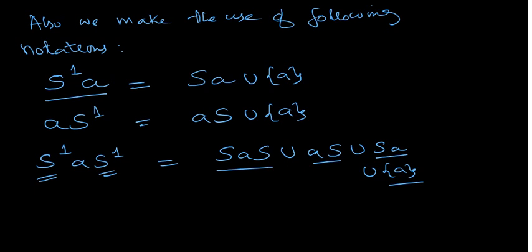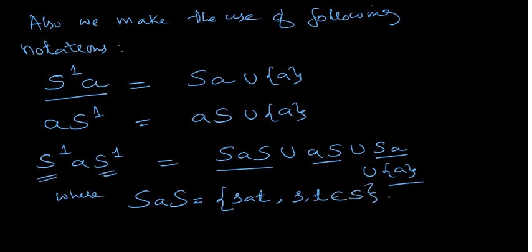Now what is this SaS? SaS क्या है? SaS it's equal to sat, where s, t both they are the elements of S. This is SaS. So they are all subsets of S actually, but they may not contain identity. So S1a जरूरी नहीं कि ये identity को contain करे, a को ये contain कर रहा है but it may not contain the identity element.